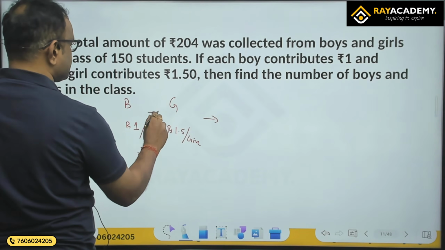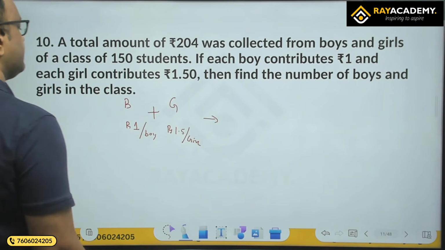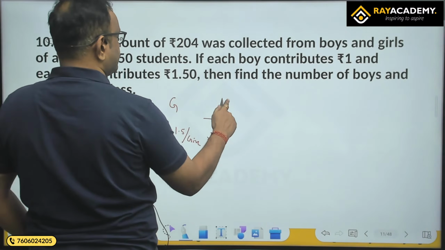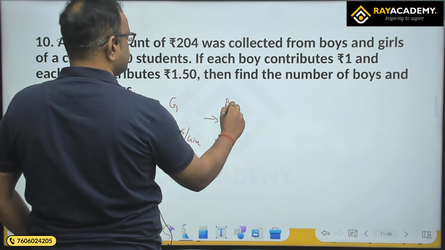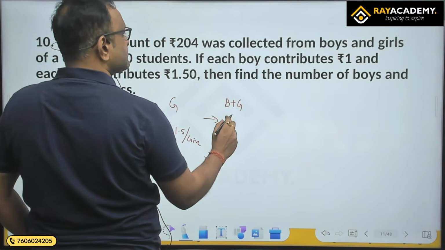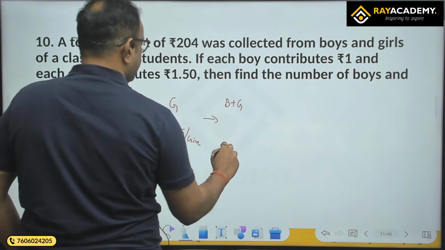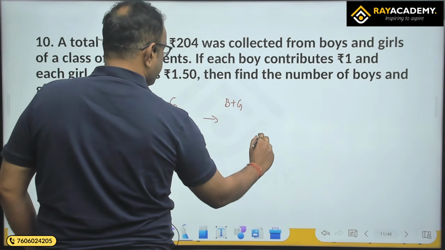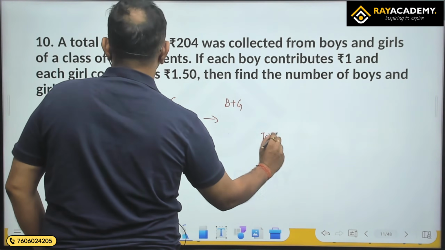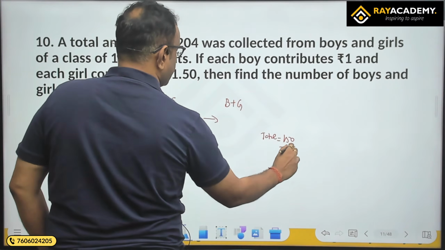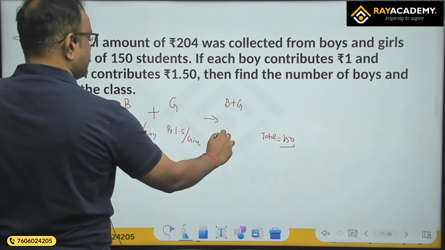And if this is mixed, the total contribution, so total number of boys plus total number of girls, and their average contribution. Total they have given 150. Average they have not given, but you can find it out.